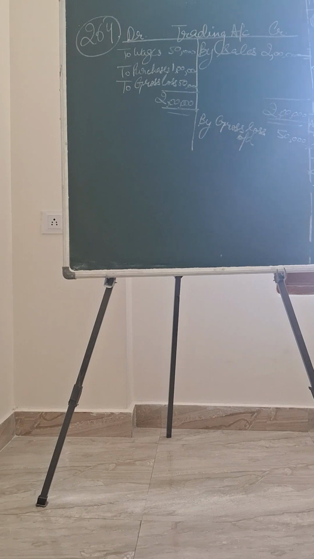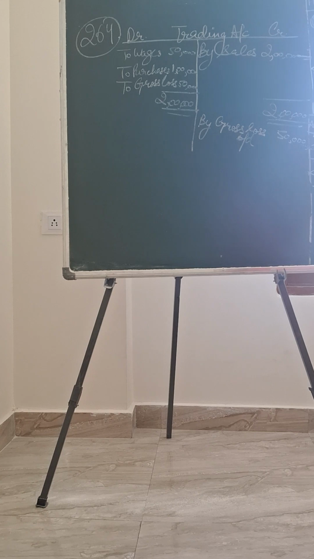The balance of the trading account: what does the debit side show? The debit side shows the gross profit, and the credit side shows the gross loss.